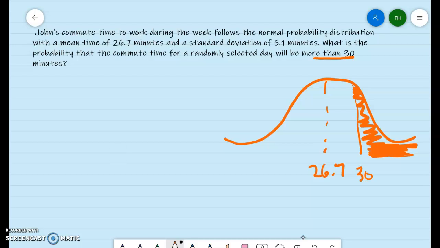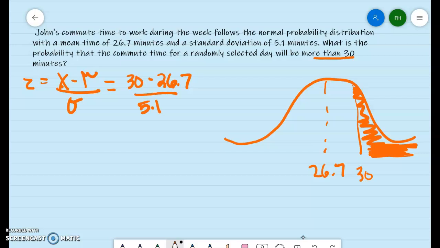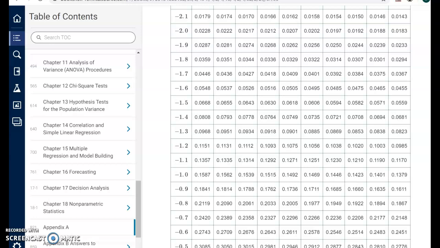We know that our z-score is our x value minus our mean divided by our standard deviation. We know that x is 30, our mean is 26.7, and our standard deviation is 5.1. So if you put that in your calculator, I believe you get 0.65.